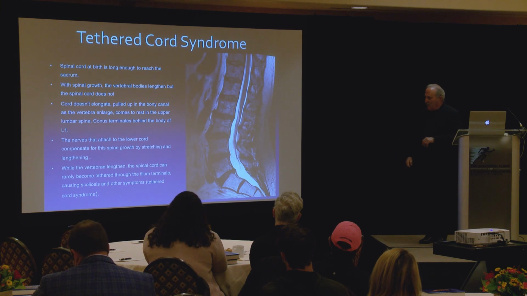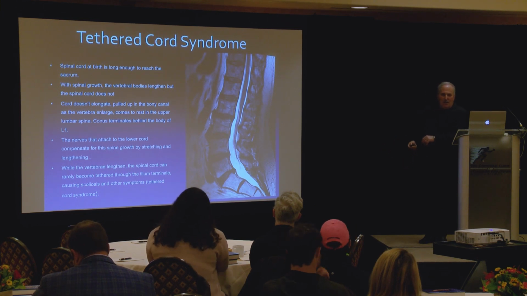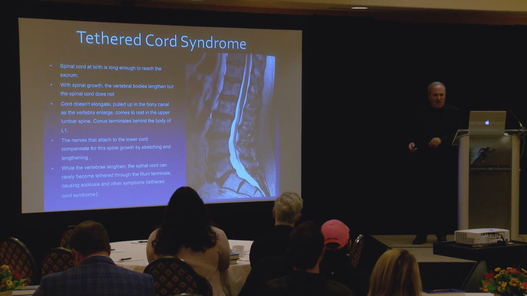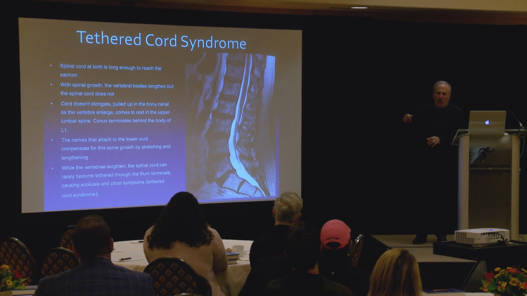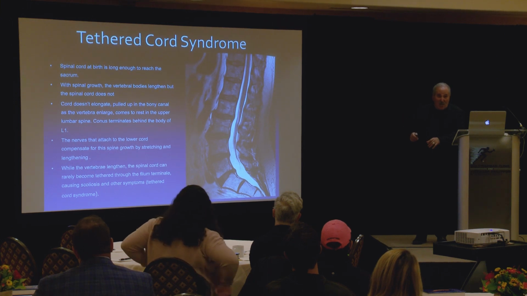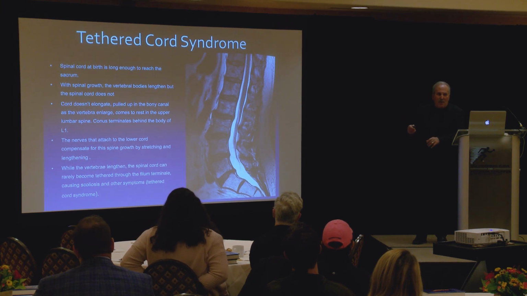So what's happened? Physiologically, the spinal cord when you're born sits near your sacrum. As the vertebral bodies grow, the spinal cord does not elongate and is pulled up into the spine until it normally ends behind the body of L1.